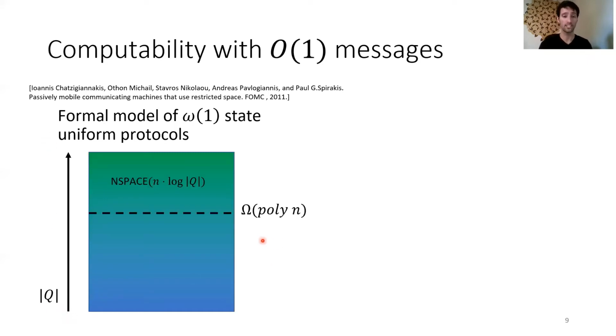As soon as the states are polynomial in n, you can actually simulate a Turing machine across the entire population. And thus, the computational power is a Turing machine whose space is equal to the memory of the whole population. However, if the state set is sub-logarithmic, if it's little o of log n, you can only compute the semilinear predicates. So it's exactly as powerful as having constant size state set.